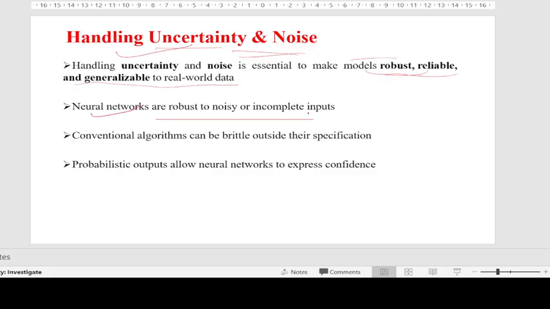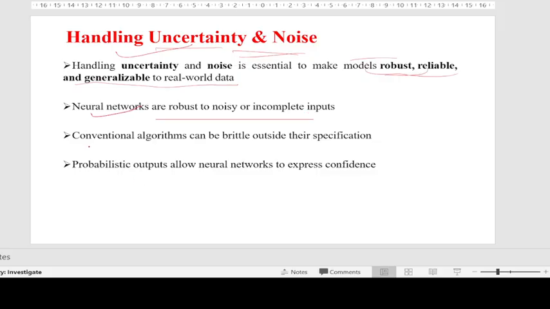How it is actually handling this is beyond the scope of our discussion. But remember that it can efficiently handle noise. If our time permits, we will discuss these concepts, how the neural network is able to handle noise and incomplete data, in future classes.